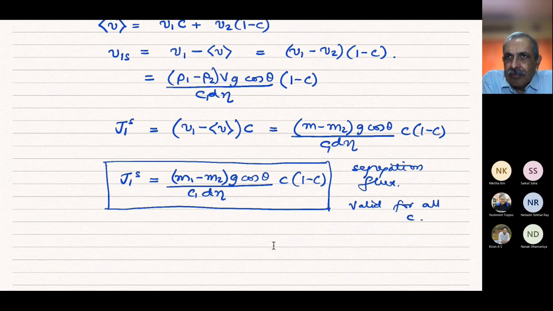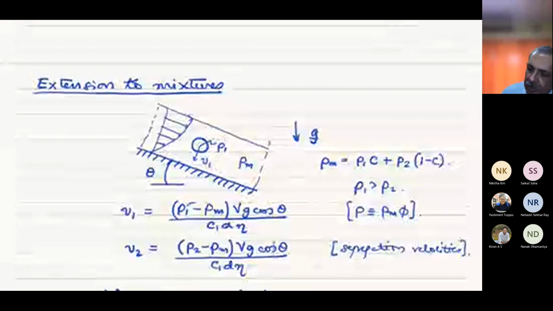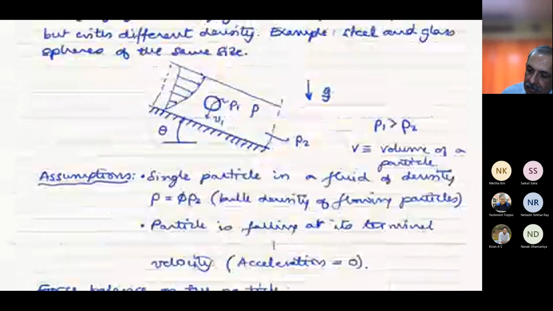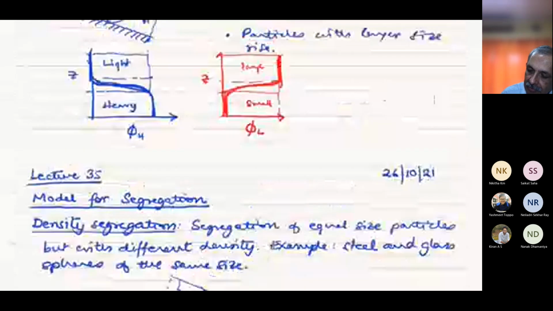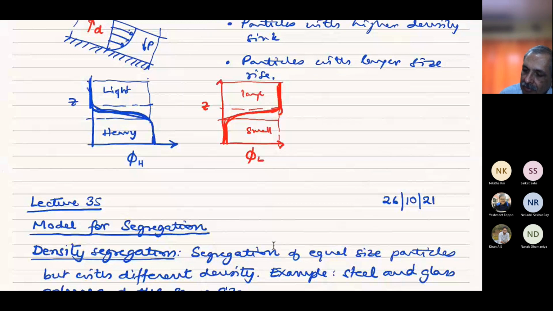And one example that I will show you is, if I go back to this, all this was what we did today. We are actually looking at this problem where the light particles go on top, heavy particles go at the bottom.